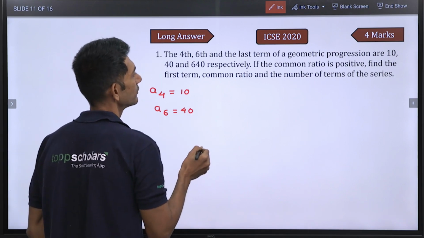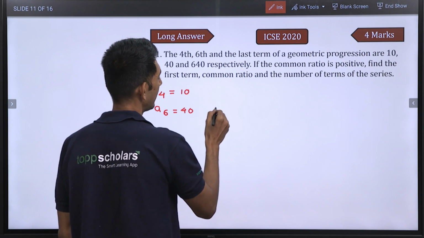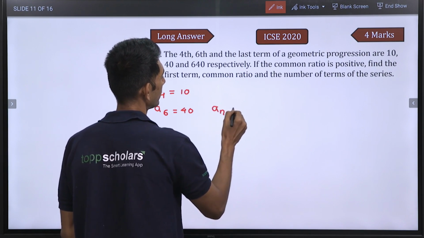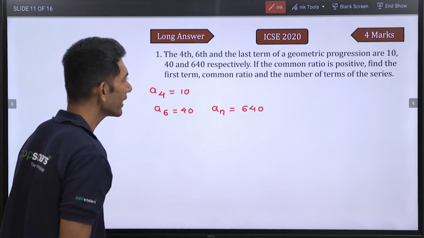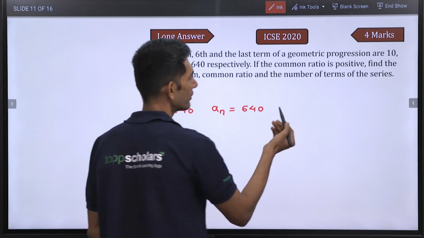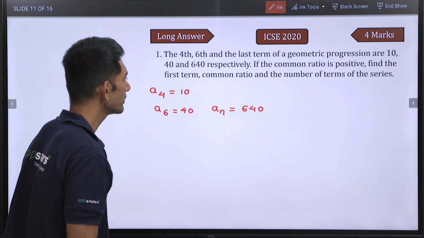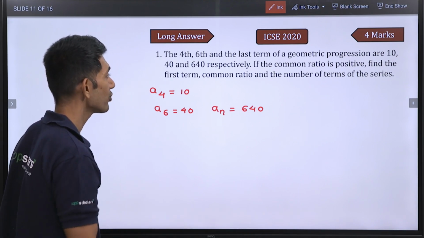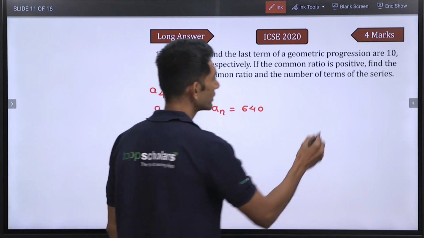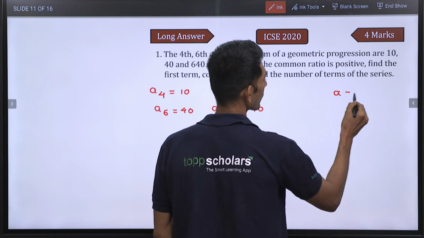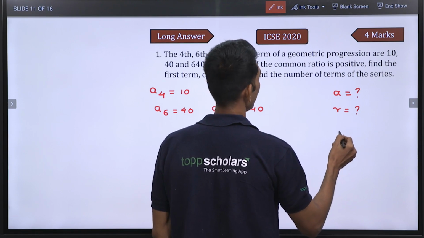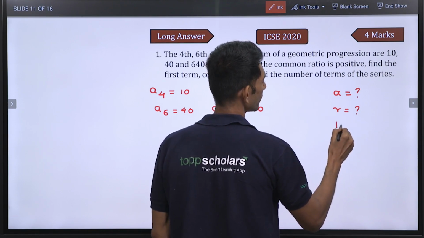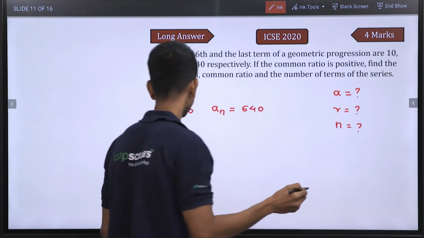Last is An, which is 640. If the common ratio is positive, that is R is positive, find the first term, common ratio, and the number of terms. The first term A is question mark, the common ratio R is question mark, and the number of terms n is also question mark.